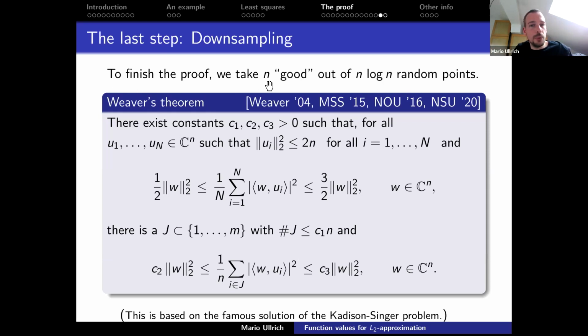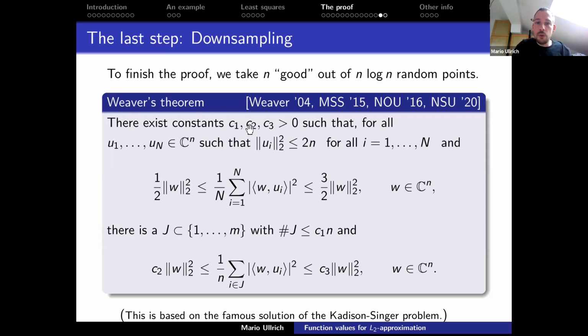So what is the finishing of our proof? To finish the proof, we take n good points out of n log n random points. Okay? And how can you do that? You do that with a result that is so nice that it's basically unbelievable if you think a little bit about it. You would think this result must be false. Try to convince yourself, right?